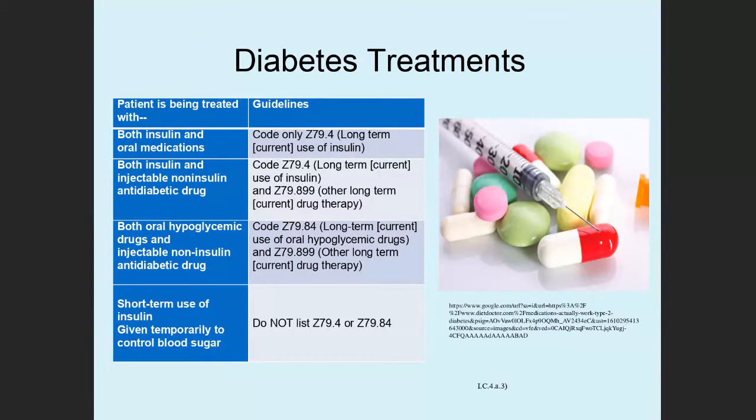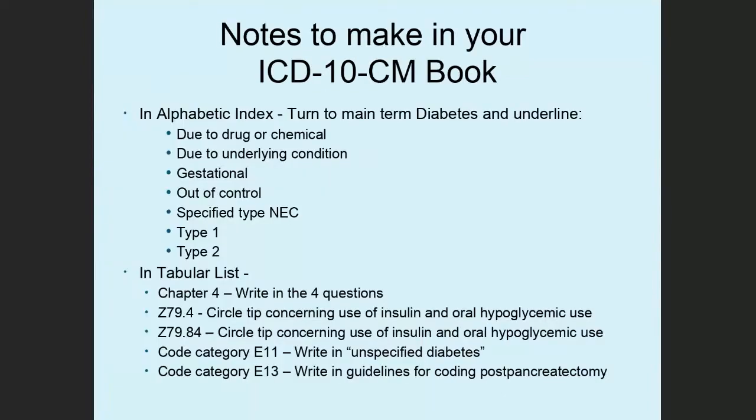So you're going to use two codes in that case. If both oral hypoglycemic drugs and injectable non-insulin antidiabetic drugs are being provided, use Z79.84 and Z79.899. And again, if the patient is receiving insulin temporarily, you're not going to use these codes.